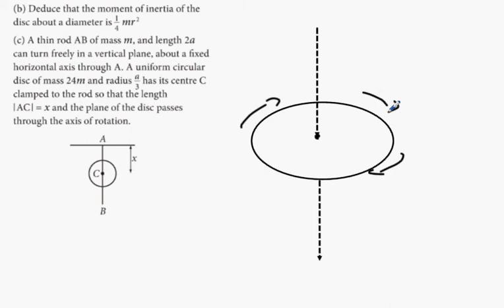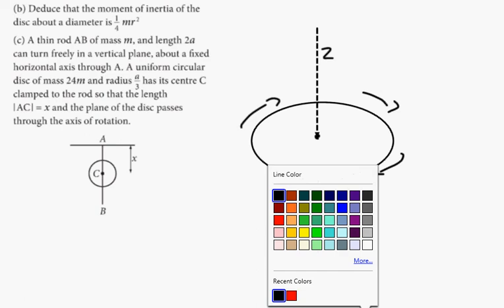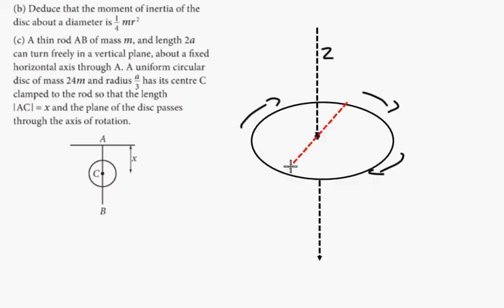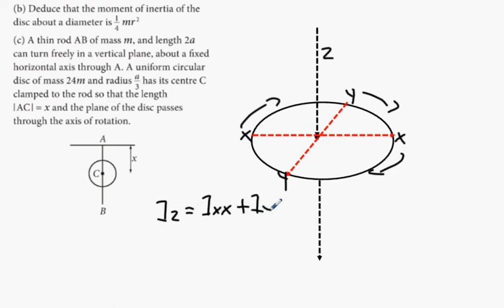So what we can define next is the z-axis going upwards, and then we can define an x and y axis. I'll just do it like this for argument's sake, to give it a bit of a 3D perspective. That's the y-axis, and this is the x-axis. But we're using the perpendicular axis theorem in reverse, such that Iz equals Ixx plus Iyy.